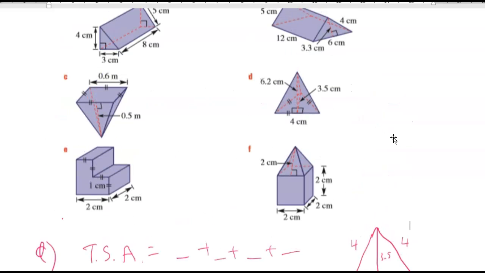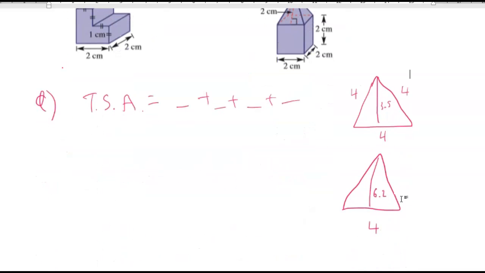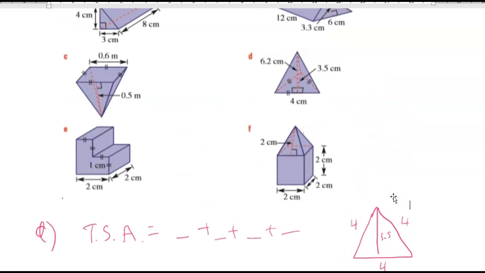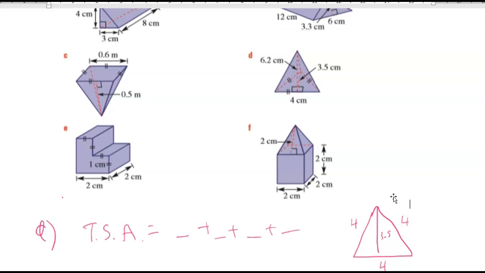And let's just look carefully at each other side. Now, we're going to assume that this second triangle here is the base by the looks of it, and every other side is the same.